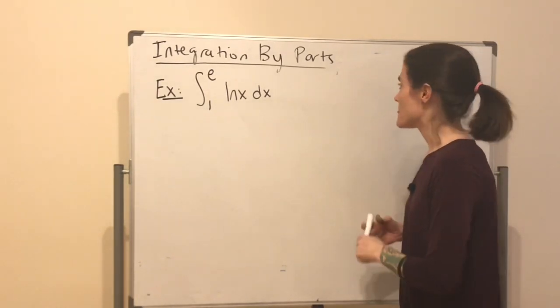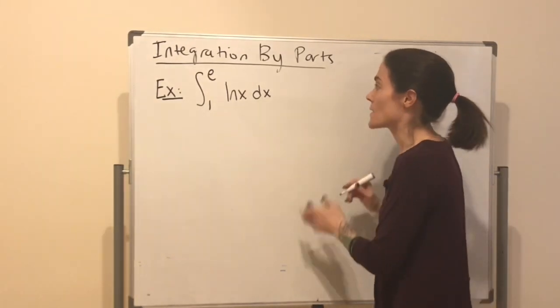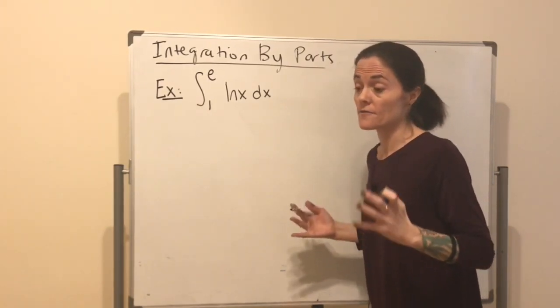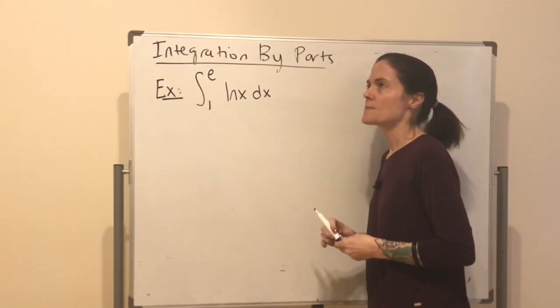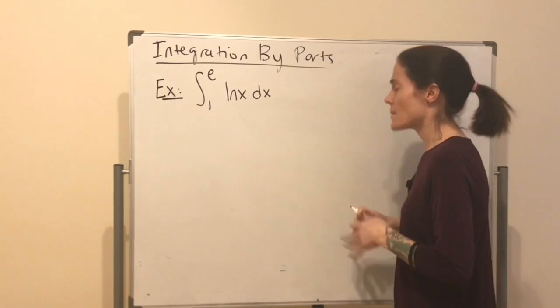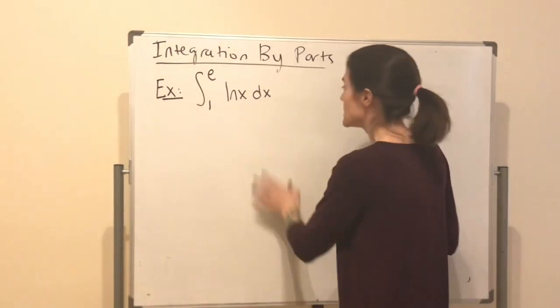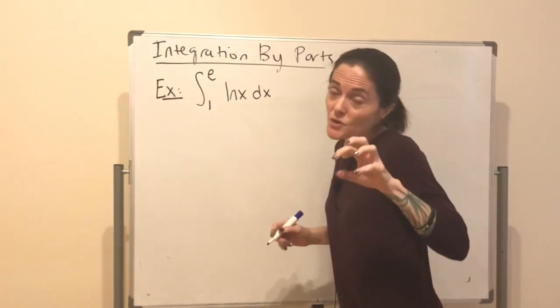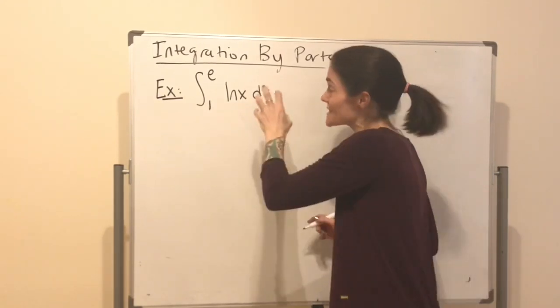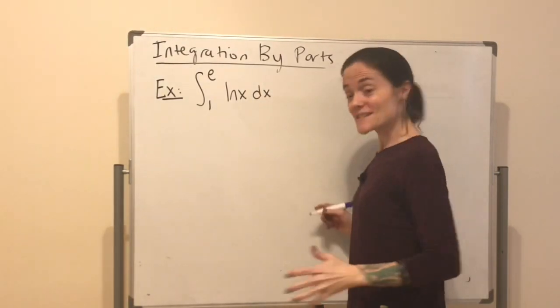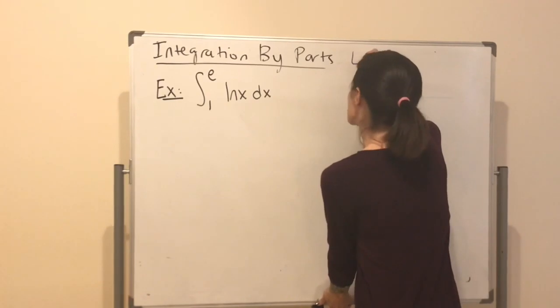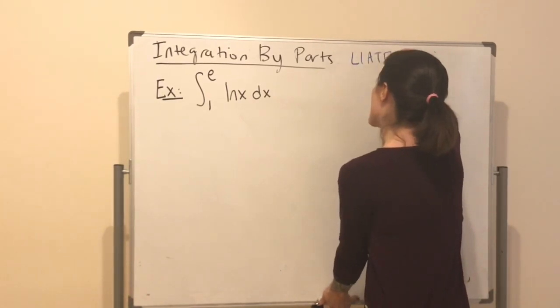And similarly, another one you could do by parts that would also be similar is just the integral of tan inverse. This might be in your homework, for example. I don't remember exactly. But if you see just an inverse trig, tan inverse or sine inverse, or just a log, by parts is good for this. So, okay, we will still go in the order of LIATE.